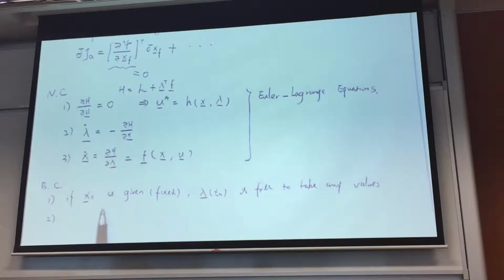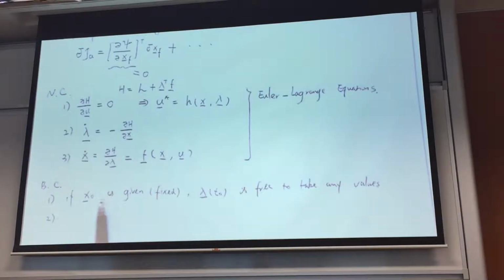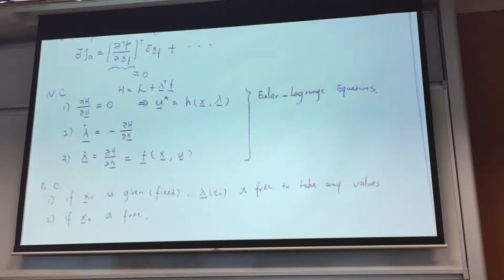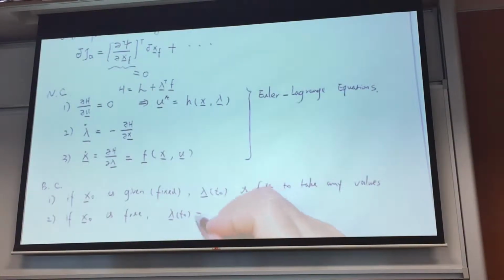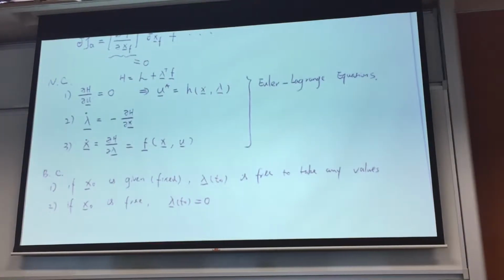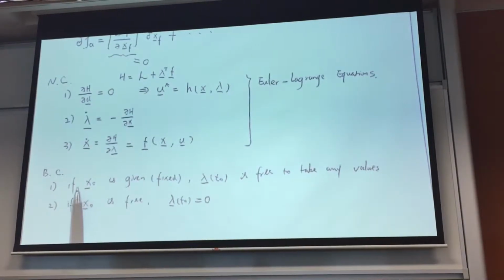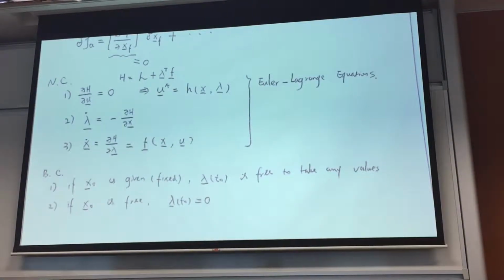So if your initial state, your initial location, initial velocity is given, then this lambda is free. If the x0 is not given, if this one is free, then this lambda t0 will be equal to 0. So these two conditions are related to the initial condition.